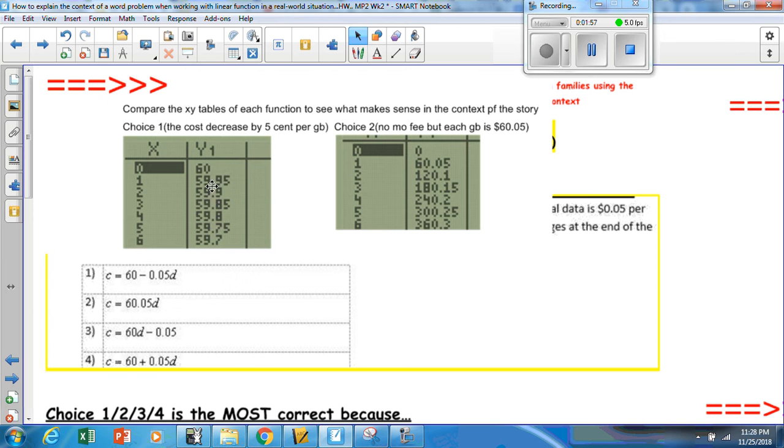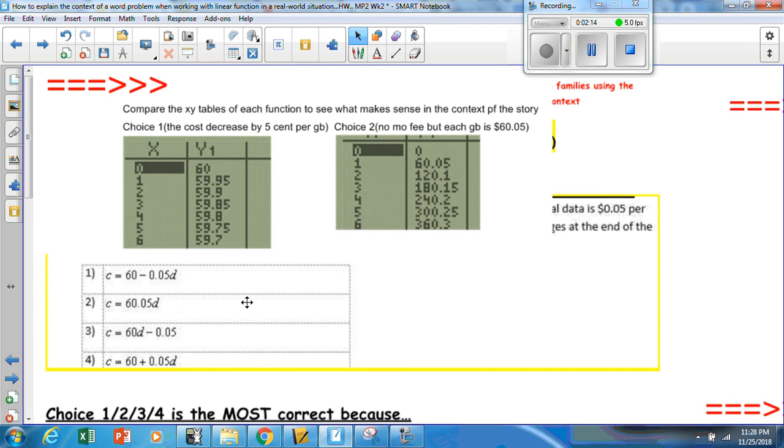Cost goes down. Hmm. Does that make sense in the context of the story that we just read about having a base payment of $60 and paying additional 5 cents if you go over?